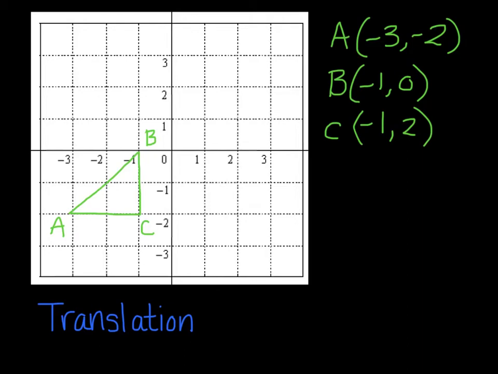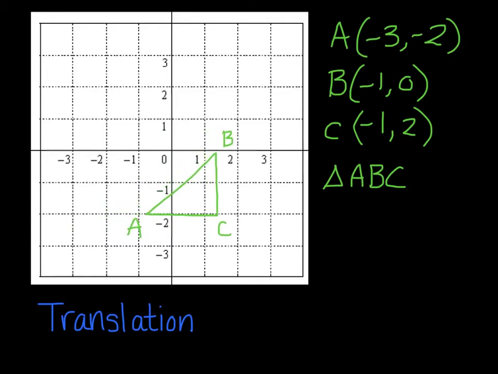I could call this whole thing triangle A, B, C. If I took it and slid it over 1, 2, 3, 4 units and up 1, 2 units, it slides over 4 because it's to the right, and up 2.